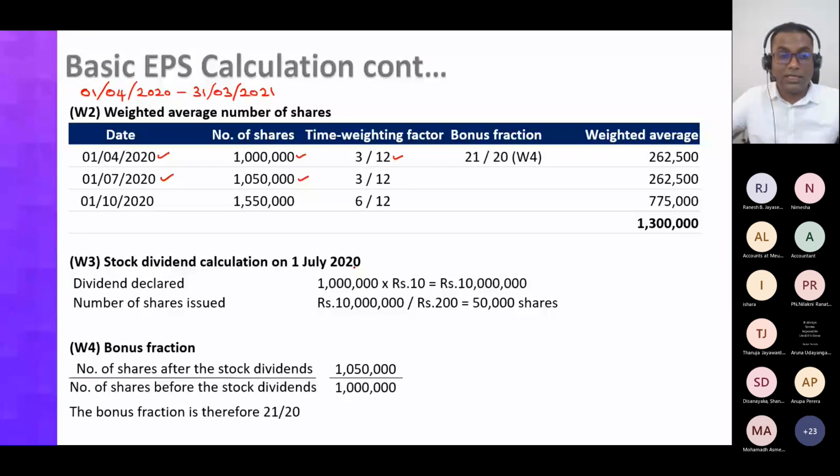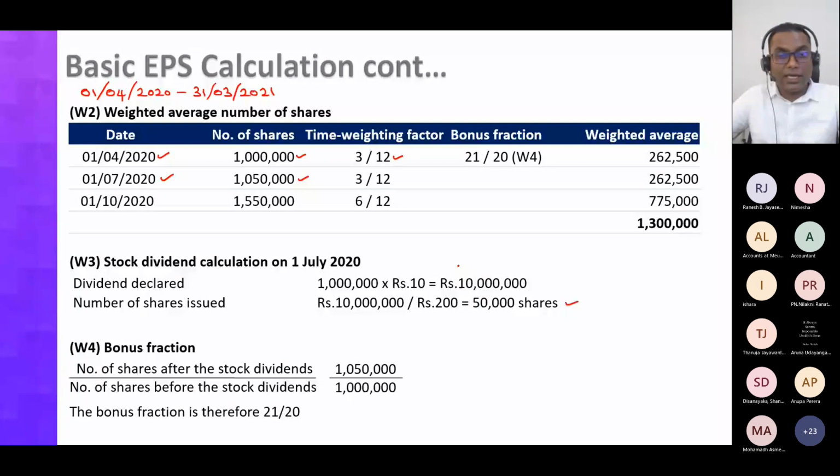What I have shown earlier, the total amount of dividends declared, 1 million shares, each share 10 rupees. So the total value of the dividends is 10 million rupees. Share price on 1st July 2020, 200 rupees. So the 10 million dividends total value divided by 200 rupees, you have to issue 50,000 shares. How did you get this 1,050,000 over here in shares? 1 million plus this 50,000, 1,050,000 shares. Okay.